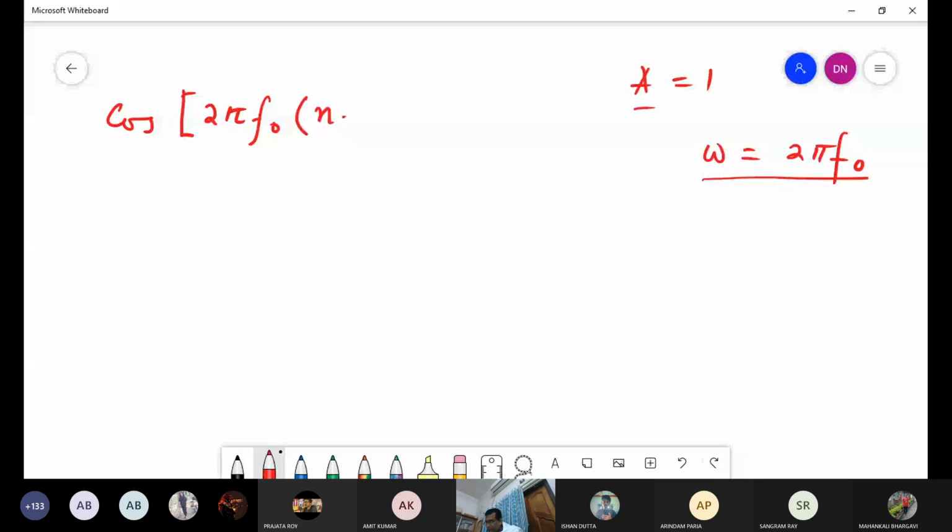Then cos of twice pi f0 into n plus capital N plus theta. Can I write that this is equal to cos twice pi f0 into n plus theta?